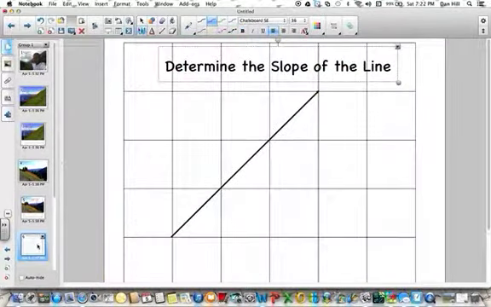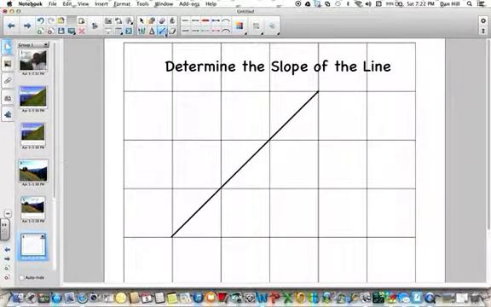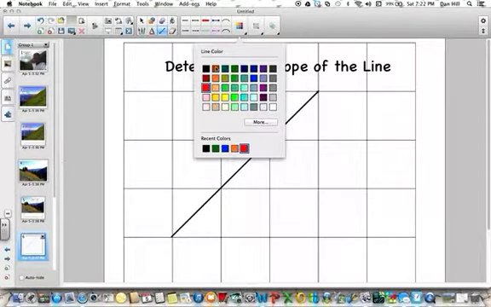If I asked you to determine the slope of a line, what you first need to do is figure out where your starting point is. So if I have my line here, let's talk about my walking path. I'm going to show you how to do this two different ways.